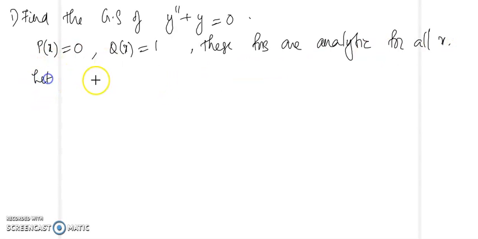So therefore all points are ordinary points. Let us take the simpler form of the power series, that is summation a n x power n. So let y equal to summation a n x raised to n be the solution.